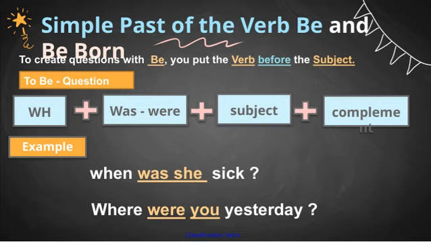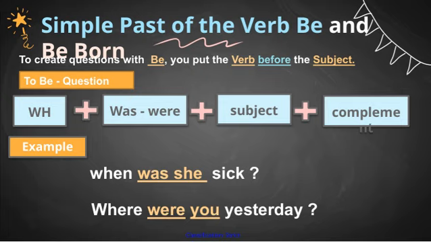On this slide, we also see two example questions. The first is, where were you yesterday? Which asks about a location in the past. The second is, when was she sick? Which focuses on the time something happened. Remember, when using the simple past of to be in questions, always remember to invert the verb and the subject.